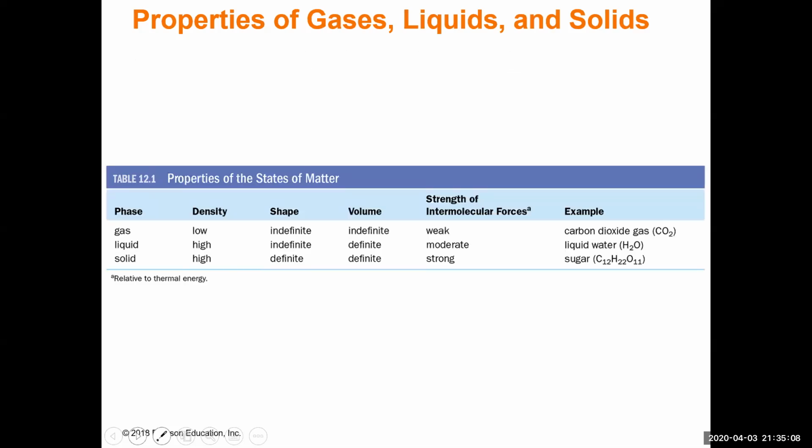Table 12.1 looks at some of these properties of the different states of matter. Here we have the gas phase. Here are just some of the properties that we went over in the last few slides.